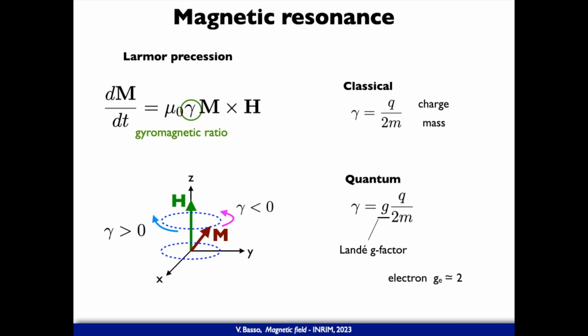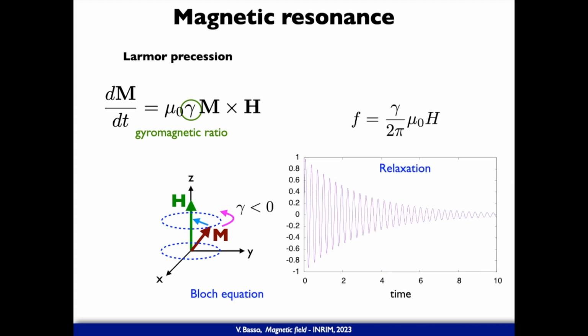This is the purely mechanical, reversible effect, while in reality there are relaxation contributions that are such that the magnetization in time will try to be parallel to the magnetic field, so a minimum energy situation.